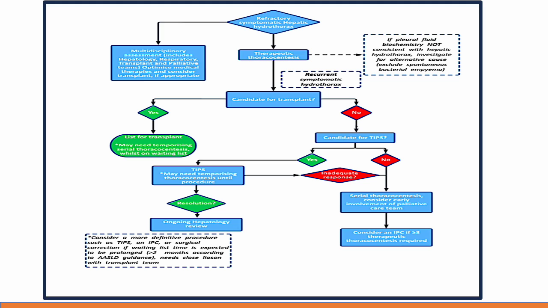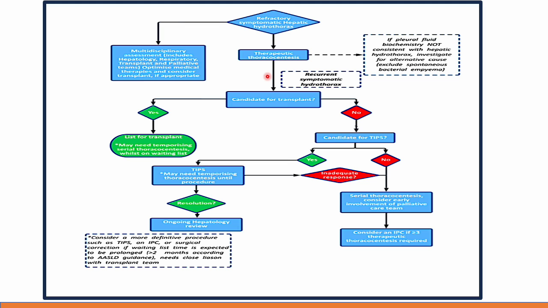Now you do a thoracentesis, but suppose your biochemistry turns out not consistent with hepatic hydrothorax. Then look at other causes. Could it be a bacterial empyema? Could it be some other cause? And if that cause you can treat, then it'll be better. Now, if this patient has a proven hepatic hydrothorax and continues to have symptoms recurrently, again see, is he a candidate for transplant?